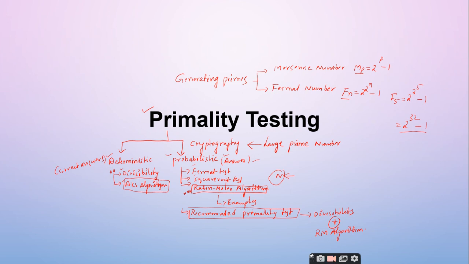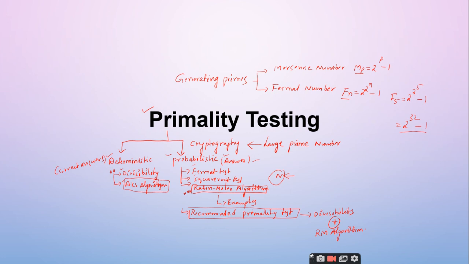By this time you might be clear about what we mean by primality testing. Primality testing is an algorithm which takes an integer, whether a small integer or a large integer, and gives the output saying that the given number is prime or composite. These algorithms are categorized into two categories, deterministic and probabilistic. The deterministic algorithm gives the correct answer all the time, and the probabilistic algorithm gives the correct answer most of the time but not all the time.